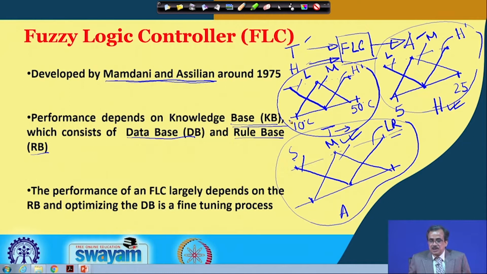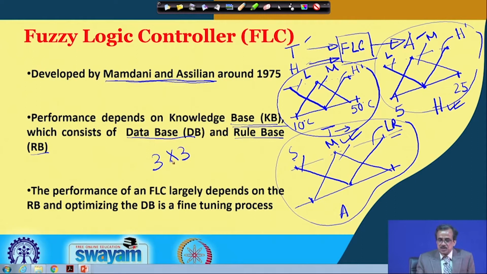Now, using this particular database, I can define the rules. Here there are 3 linguistic terms for temperature and 3 linguistic terms for humidity. So, 3 multiplied by 3. So, there will be actually 9 possible rules, that means 9 possible conditions for the input variables.